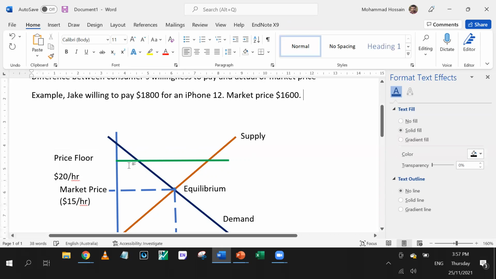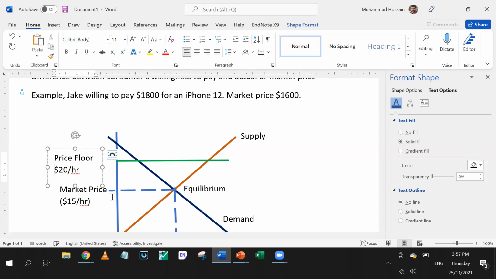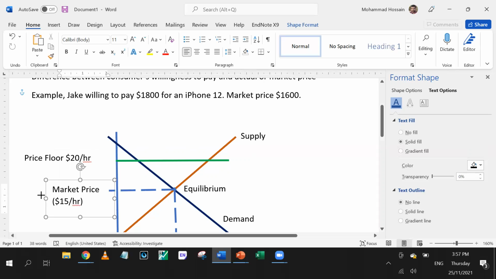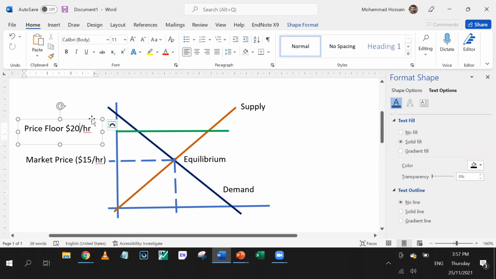That's the price floor. So the $5 is your gap in here.